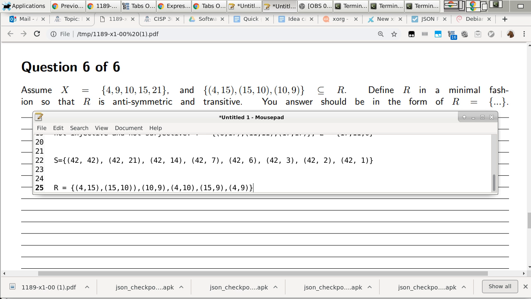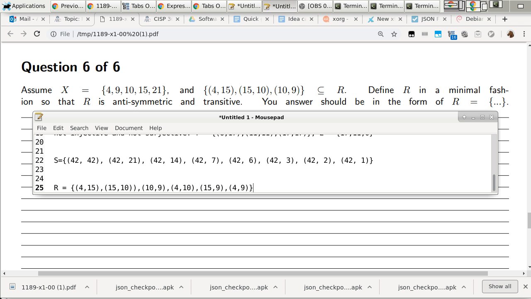In fact, there's no symmetry at all, so it's not an issue. Not a single element here has a symmetric entry in the set. That's it. That was the entire exam last semester.